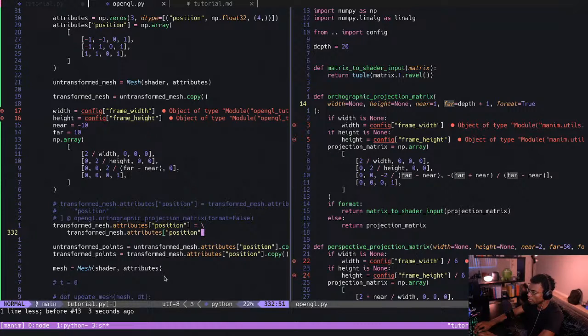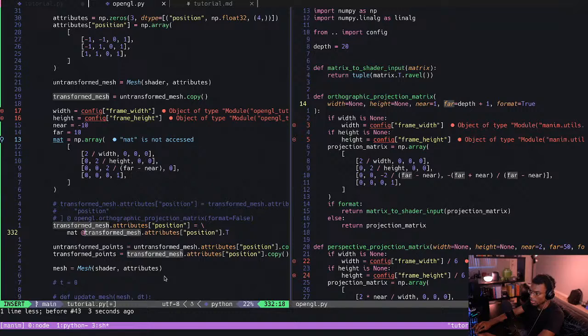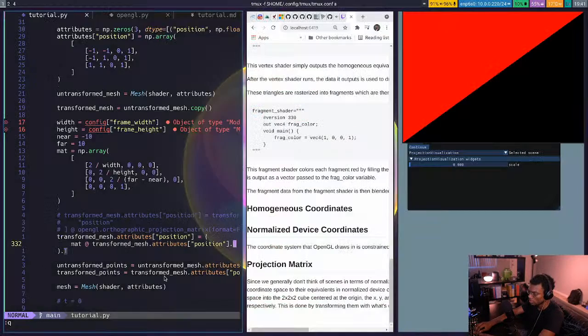Take these points, which are row vectors, transpose them, multiply them by this. So transpose them, multiply them by this, now they're column vectors, and transpose them again. And maybe that'll work. Or maybe it won't.